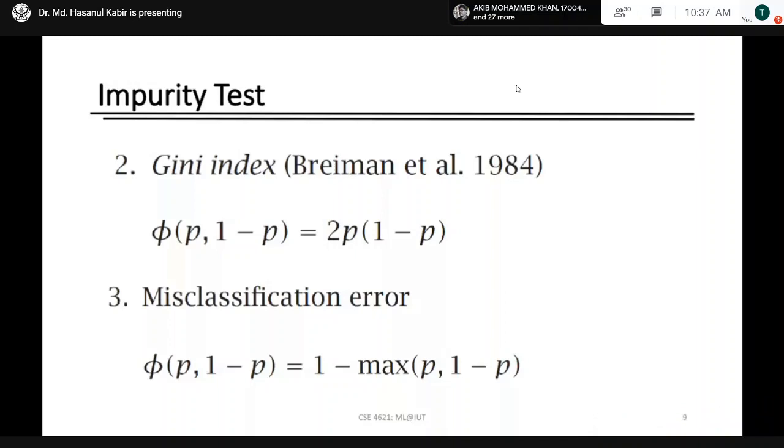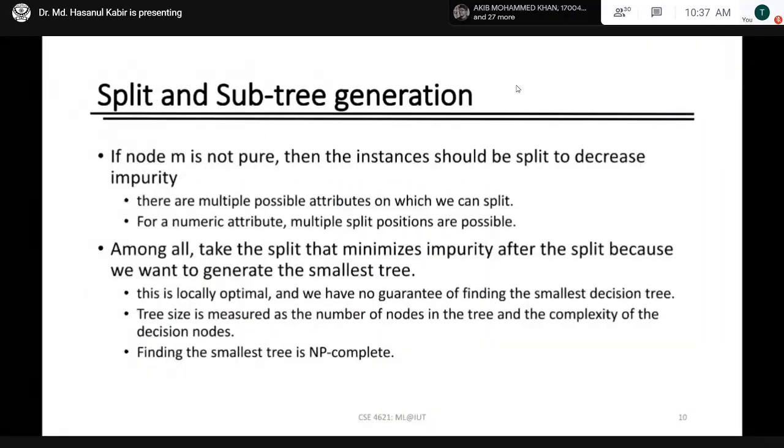Okay. So now, how do we do the split? Let's say we have found that the node M is not pure. So what should we do? You should divide the samples into their corresponding branches, right? In case of nominal attributes, we have to divide them according to their states.